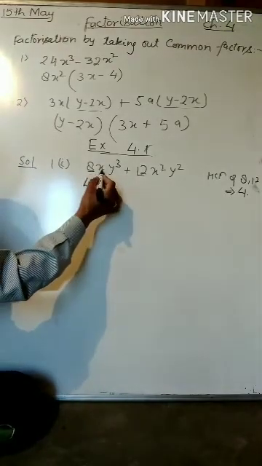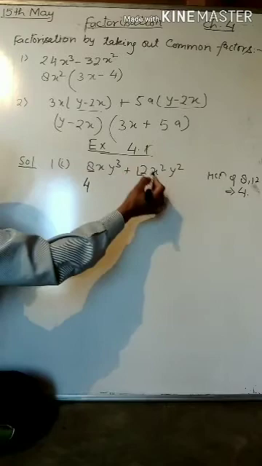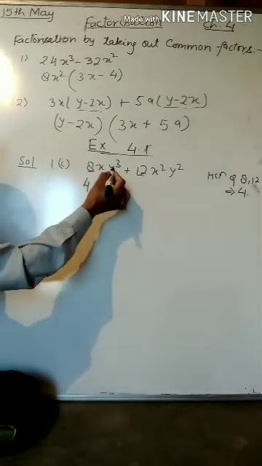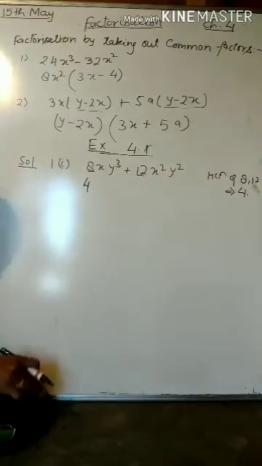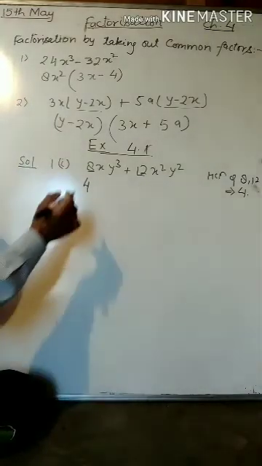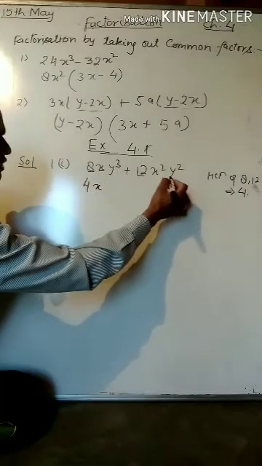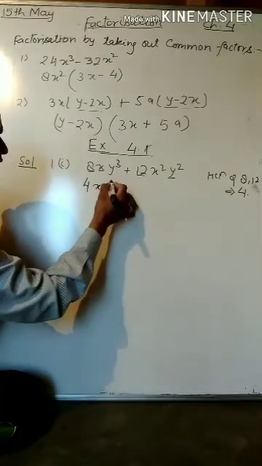And the variables: x y cube, x square y square. The lowest power comes out. Here the lowest power of x is x, and the lowest power of y is y square.